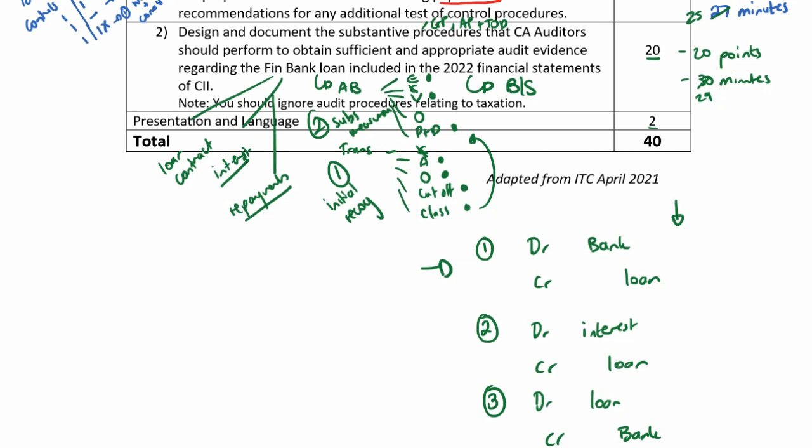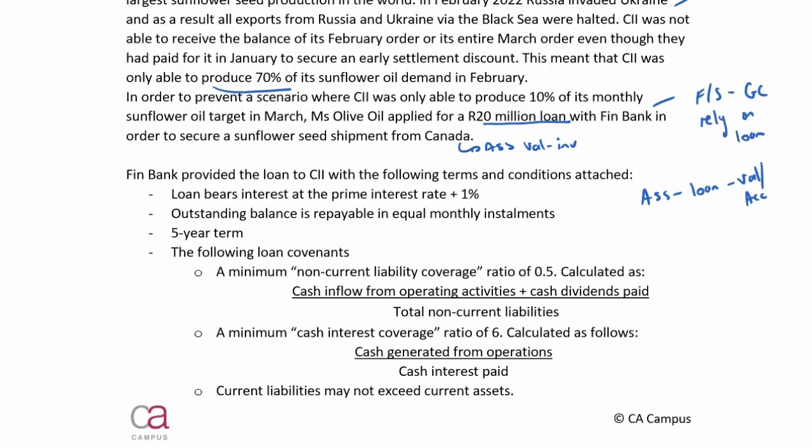Okay, let's go to this loan quickly so that we can then see anything additional to what we've noted here in terms of the loan requirements. So I come into the scenario where they discuss this loan taking place, and they say that they applied for a 20 million rand loan. So this is the rand amount that should come through the bank initially.